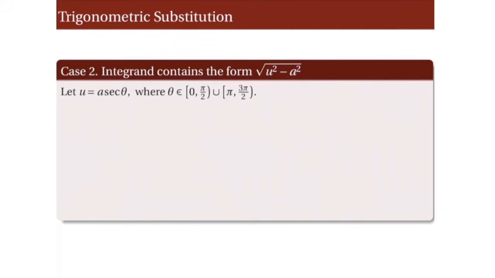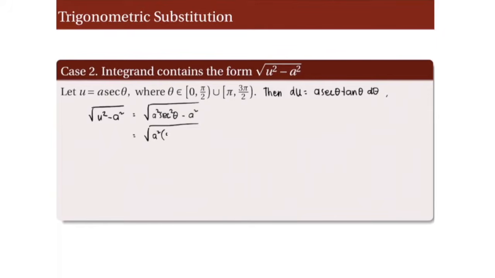So using this substitution, u equal to a secant theta, again, yung du is equal now to a, derivative ng secant with respect to theta would be secant theta tangent theta d theta, and so the square root of u squared minus a squared is equal now to the square root of a squared secant squared theta minus a squared, which is equal to the square root of, factoring out a squared, we have here the square root of a squared times secant squared theta minus 1.